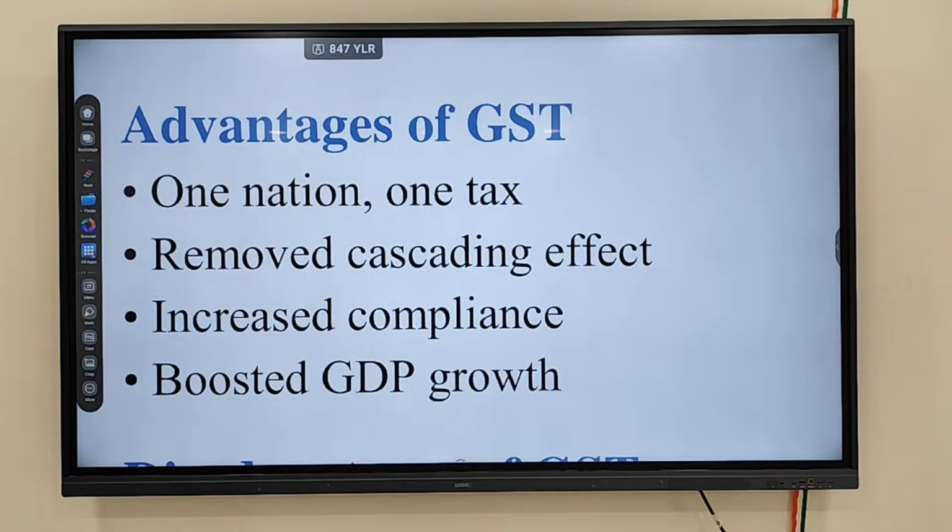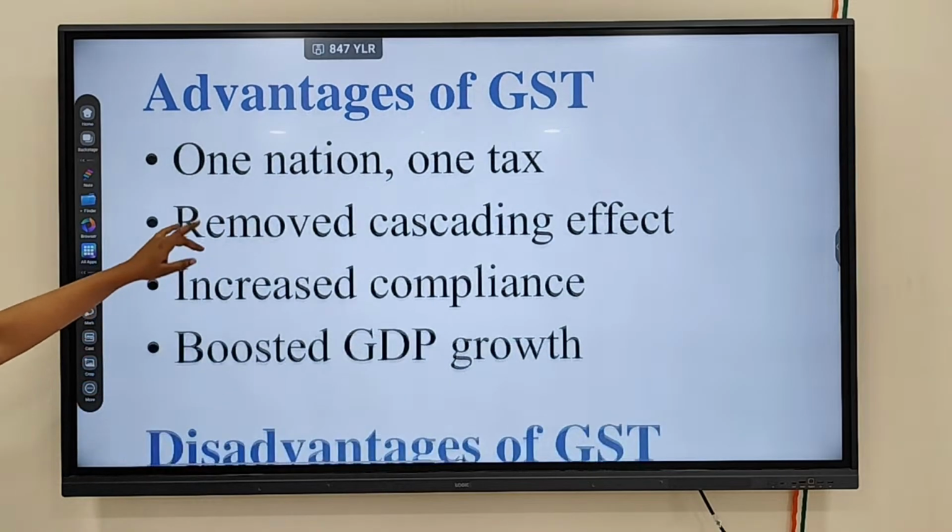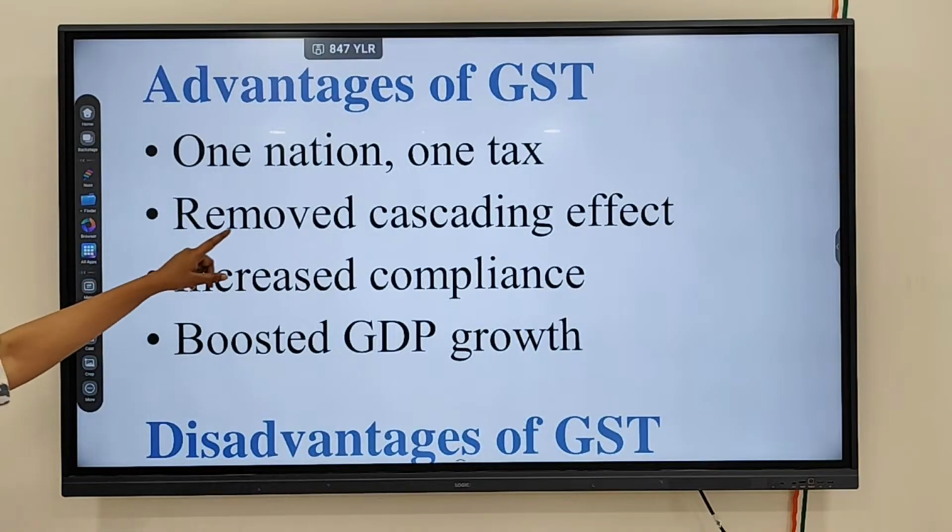They used to overlap and the prices would become more. In order to overcome that cascading effect, they introduced GST. Is there any doubt? No doubts. One nation, one tax, removed cascading effect. Cascading effect means overlapping of taxes, increased compliance, and boosted GDP growth.